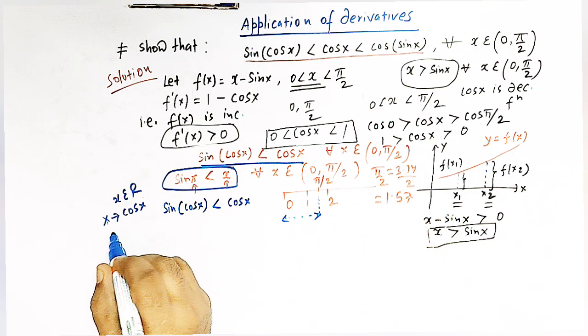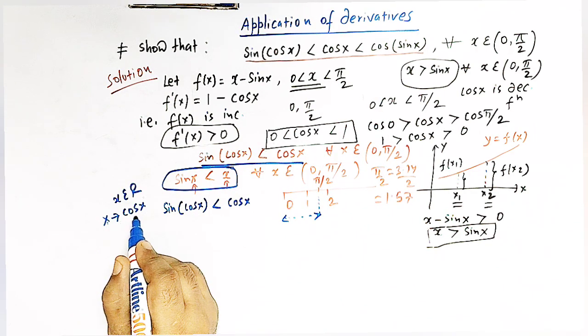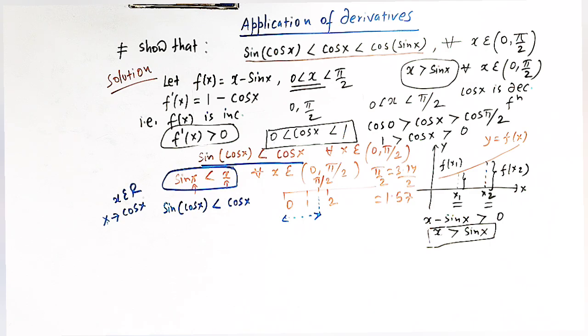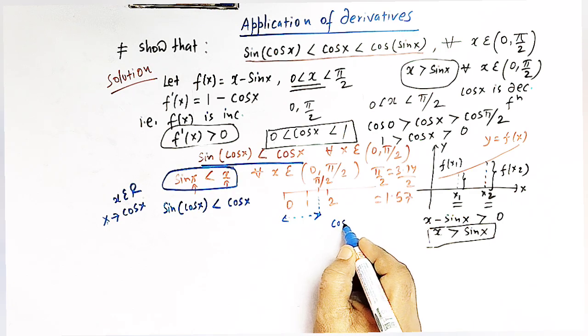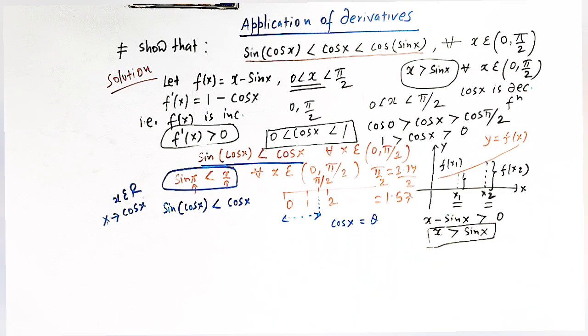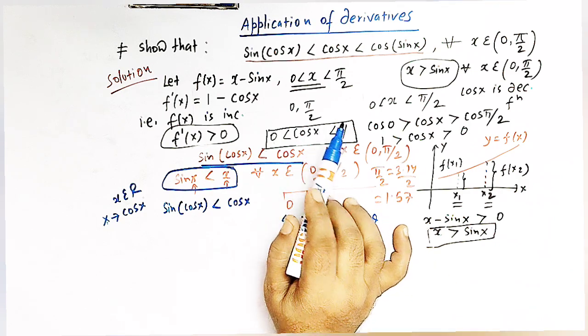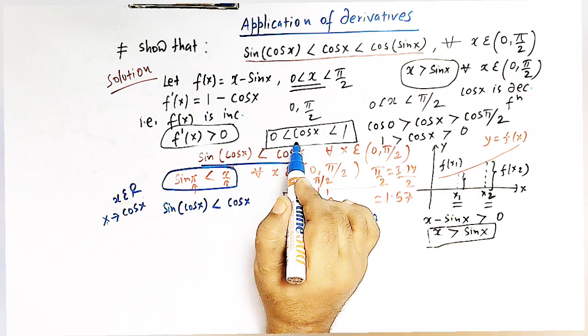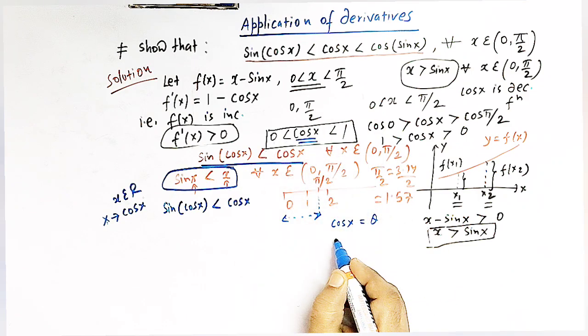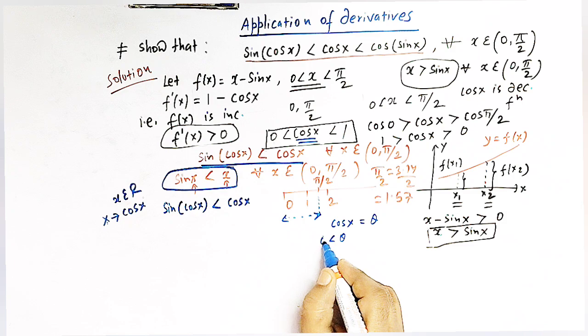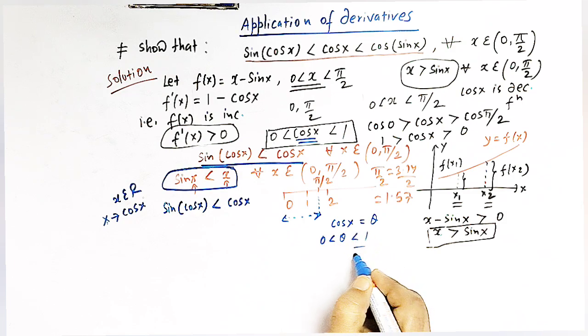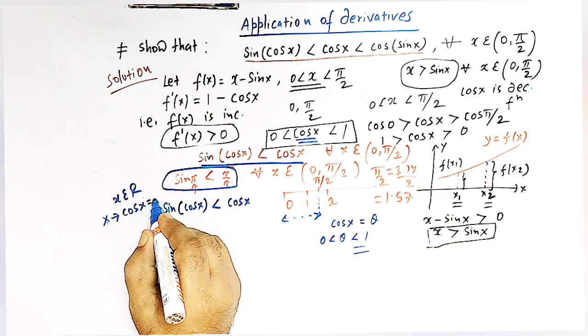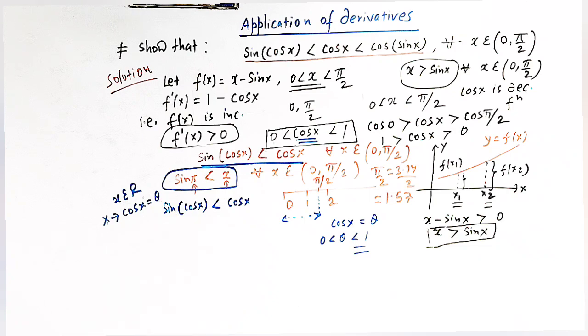Now the replacement of x by cosine x can also be understood in this way. If we take cos of x as theta, where x belongs to this interval 0 to pi by 2, then theta is greater than 0 but less than 1. Here we are taking cos of x equal to theta.